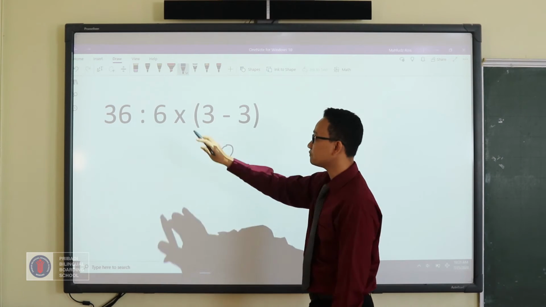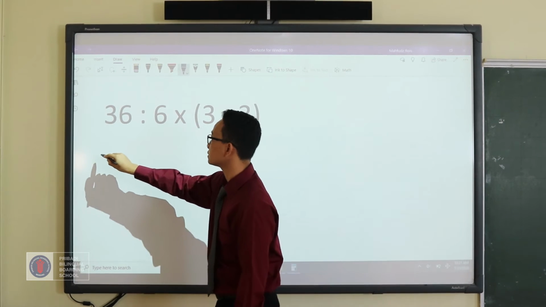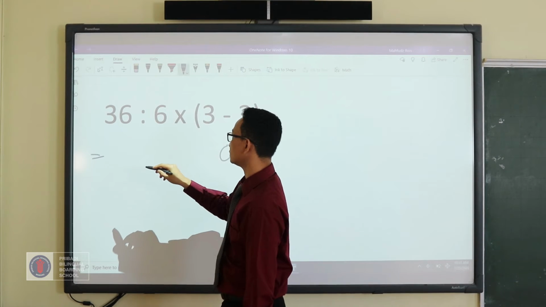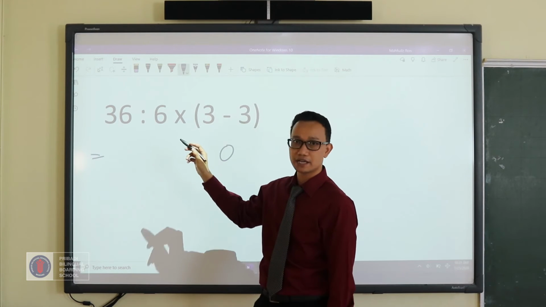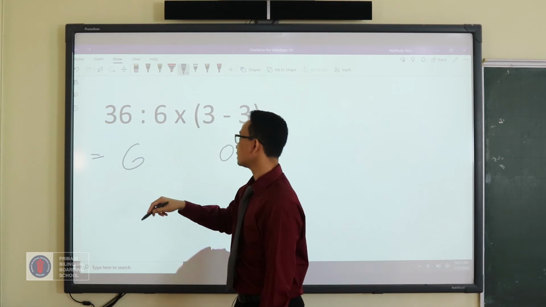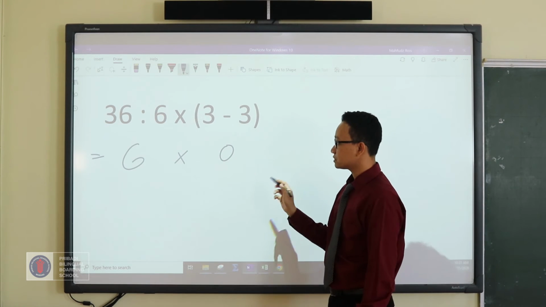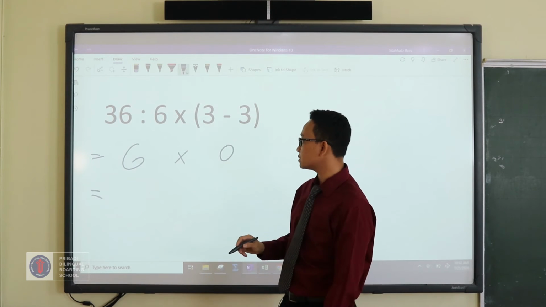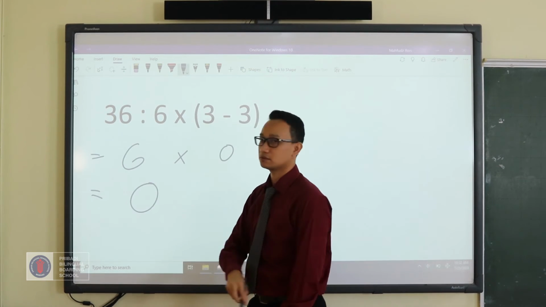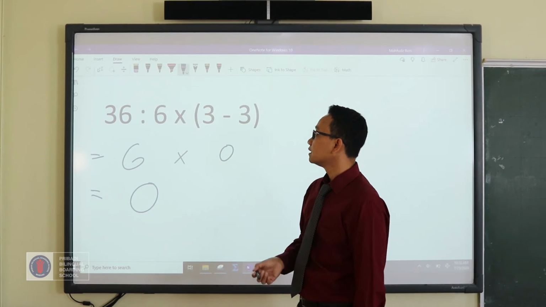And then we have division and multiplication. We should do the division first before multiplication, so it will be 36 divided by 6, which is 6. And then we have multiplication times 0. Any number multiplied by 0 equals 0. Understood now?